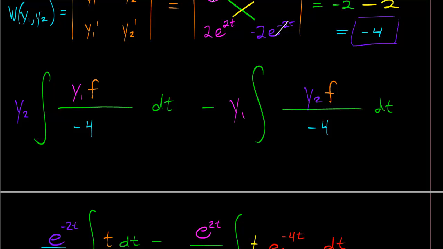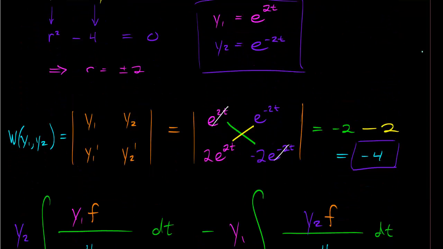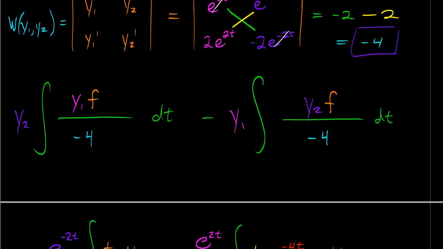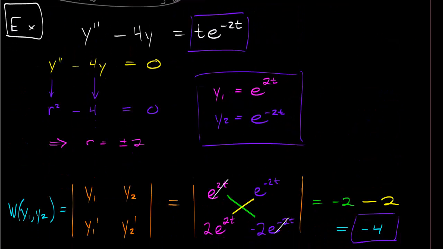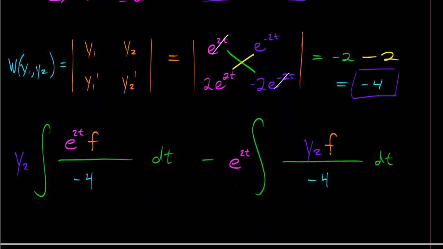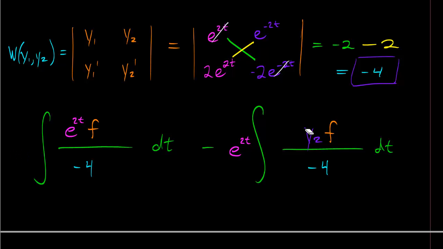Now we also know y1. y1 is e to the 2t. So we can replace this one and this one both with, let's match colors, e to the 2t. We also know y2. That was another one of the ingredients we figured out. That's e to the negative 2t. So let's make those replacements.